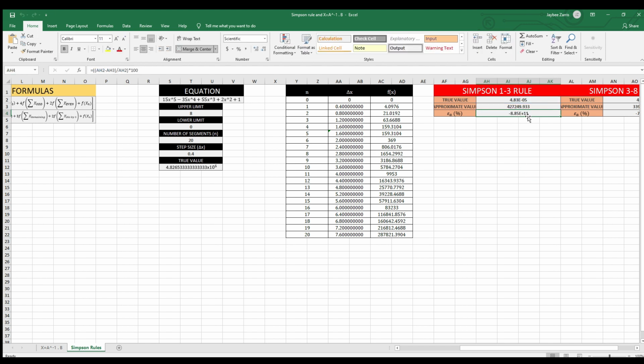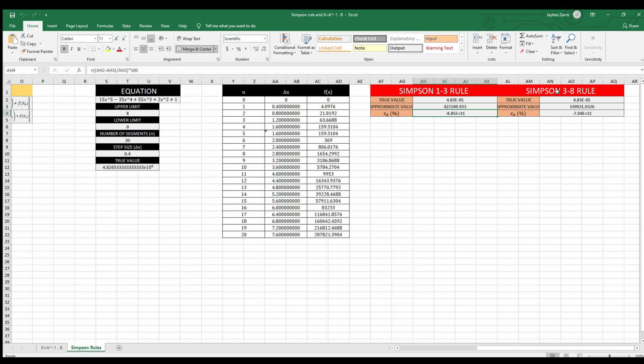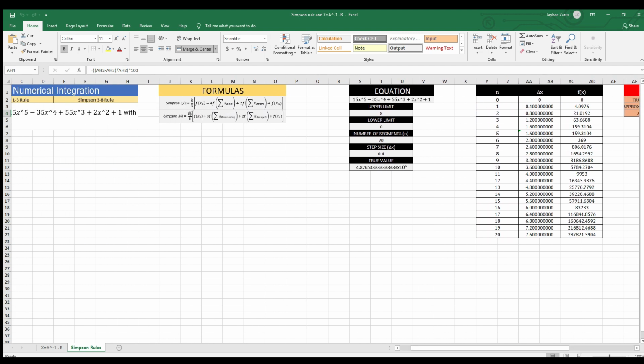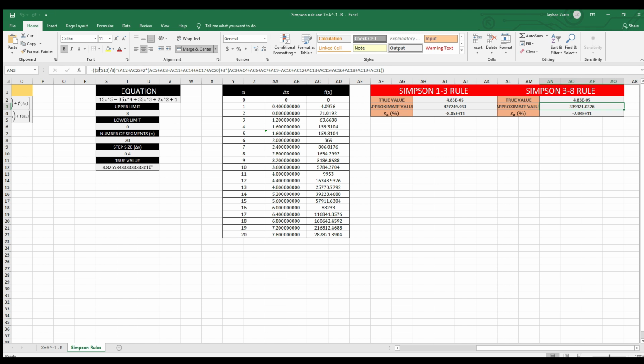Then, lalabas. Then, next, Simpson 3/8 rule. So, ganun lang ulit natin. Approximate value, ito yung formula: 3h over 8. H is for the step size ulit. So, ilalagay natin dito is 3 times step size divided by 8.